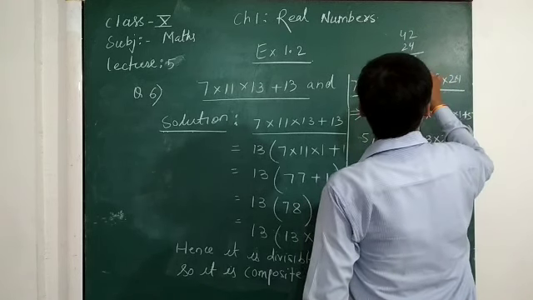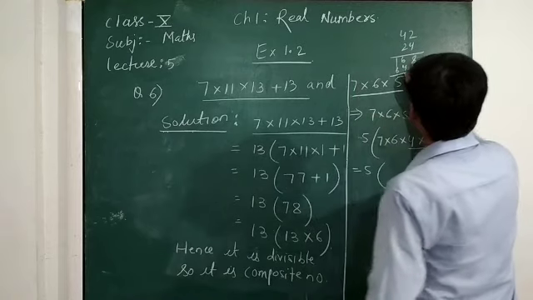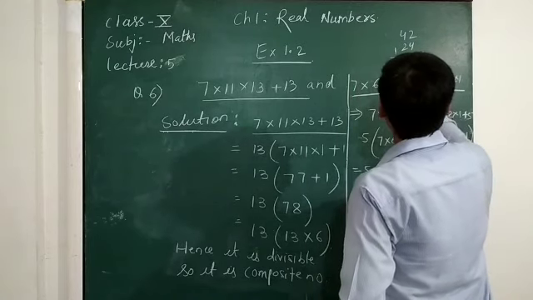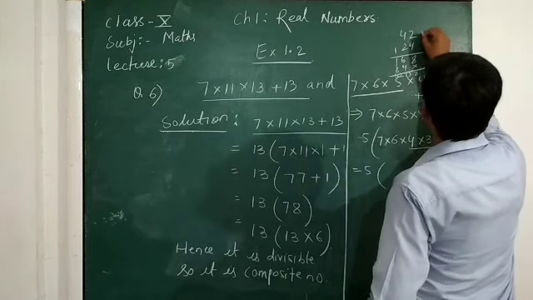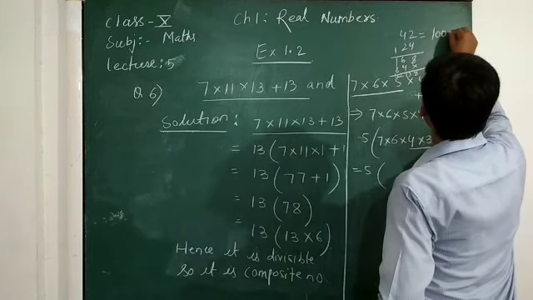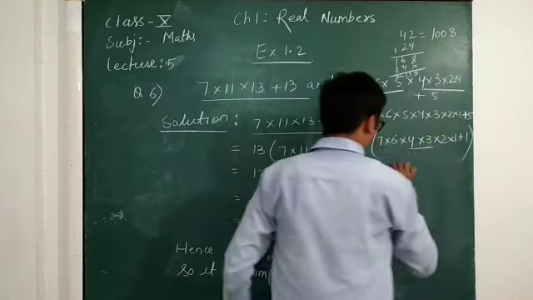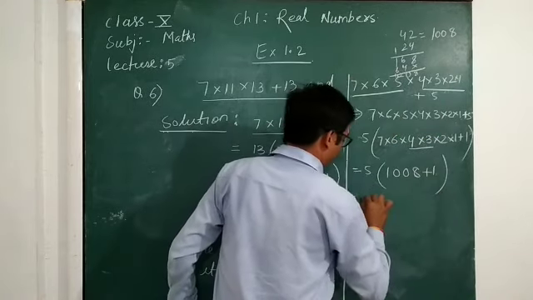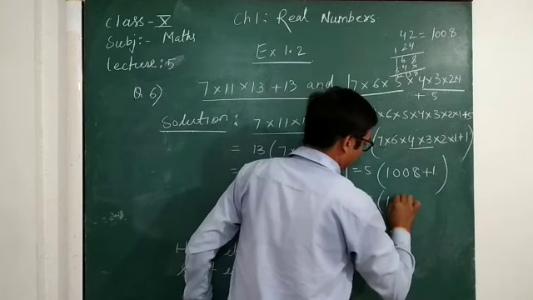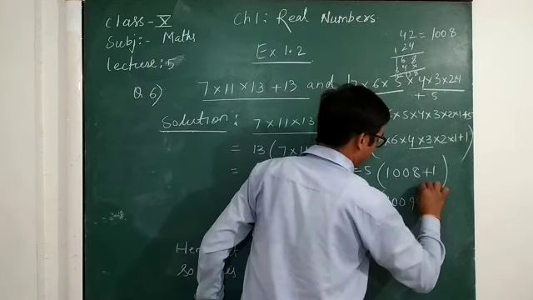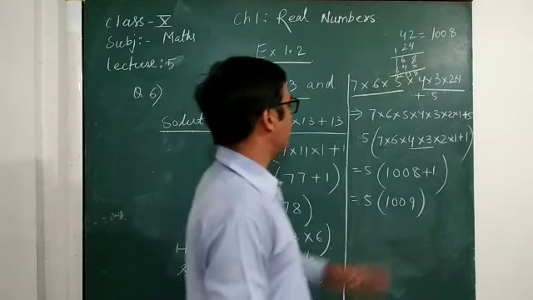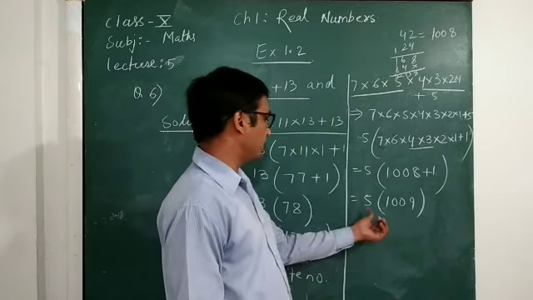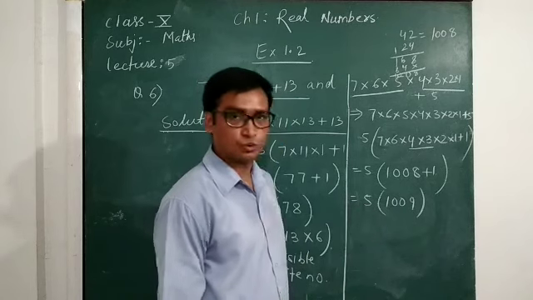So you get 1008. So 1008 plus 1, so 5 into 1009. So the given number, whatever you multiplied after getting, this will be divisible by 5 also.